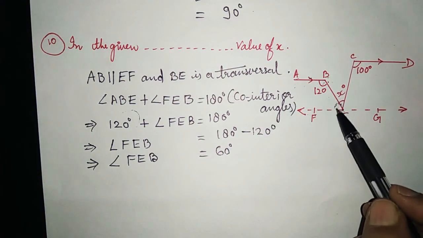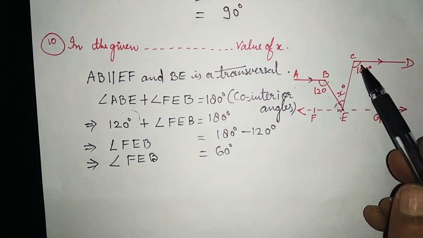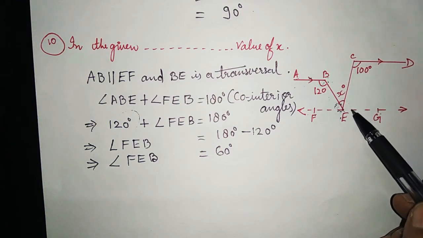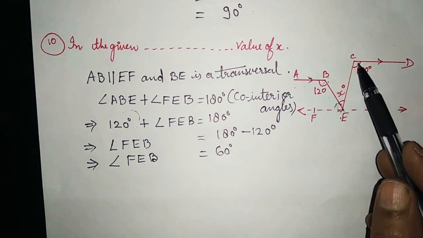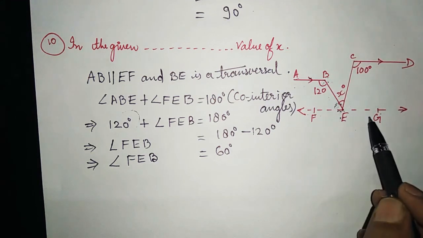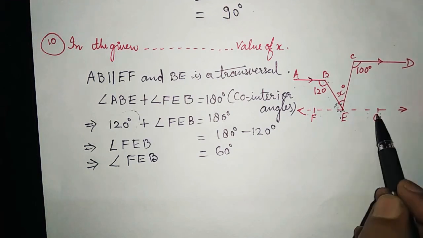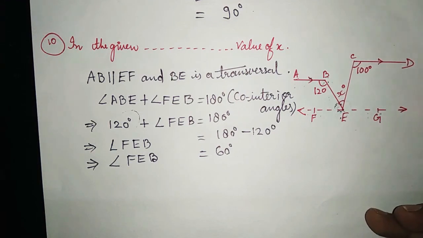Just like this angle, we will find the measure of angle CEG. For this angle CEG, we will take these two parallel lines, CD and EF, FG. Okay, FG you can say or EG you can say, no problem.